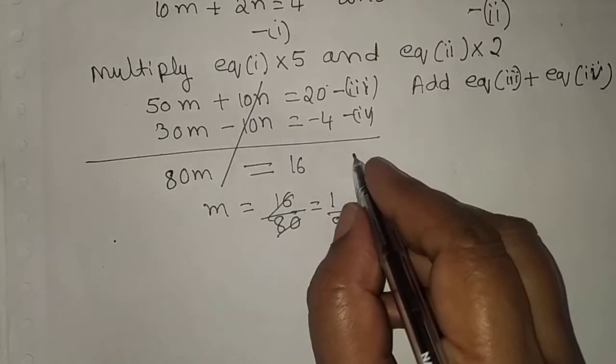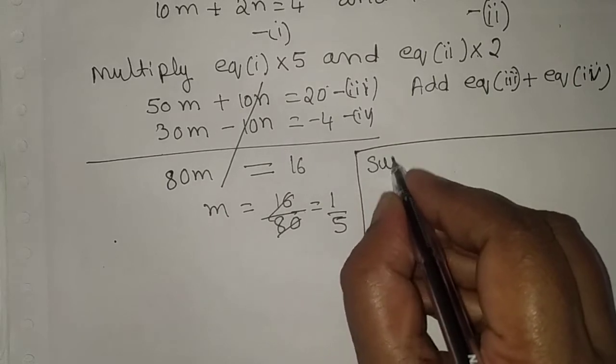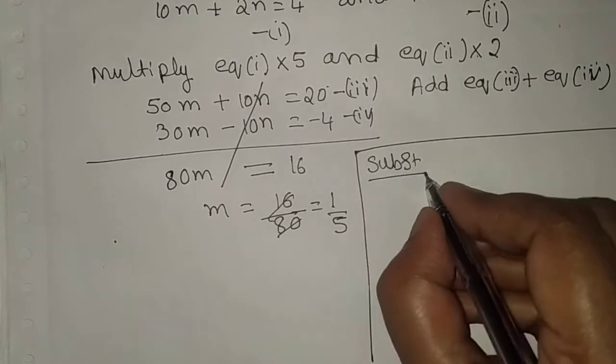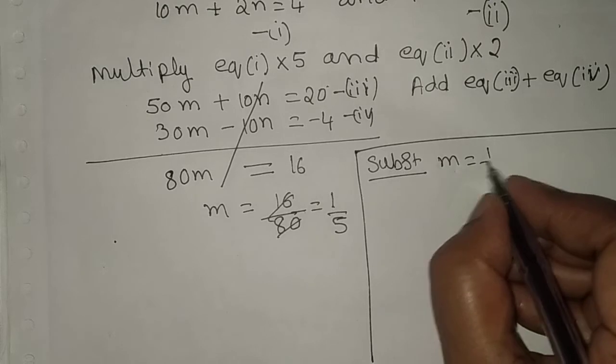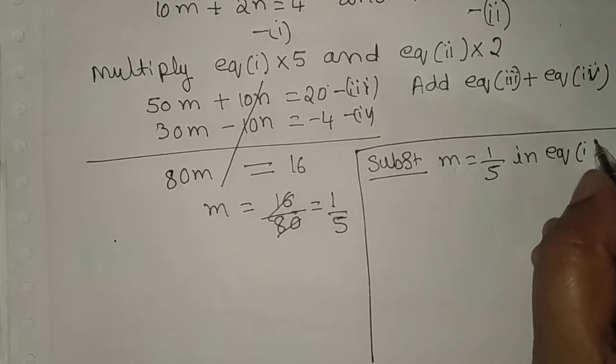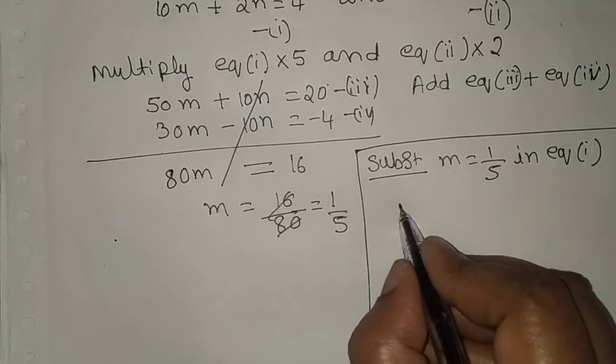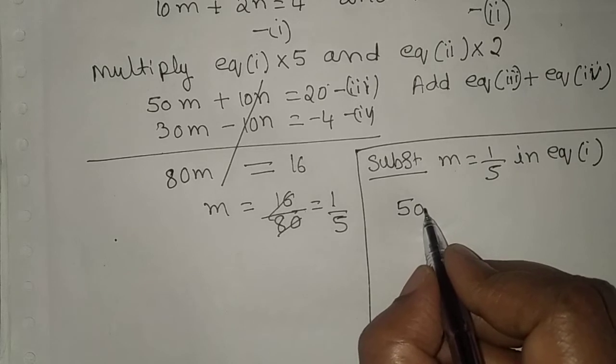So after this, what we have to do? Substitute m is equal to 1 by 5 in equation 1. Therefore, what is equation 1 here?